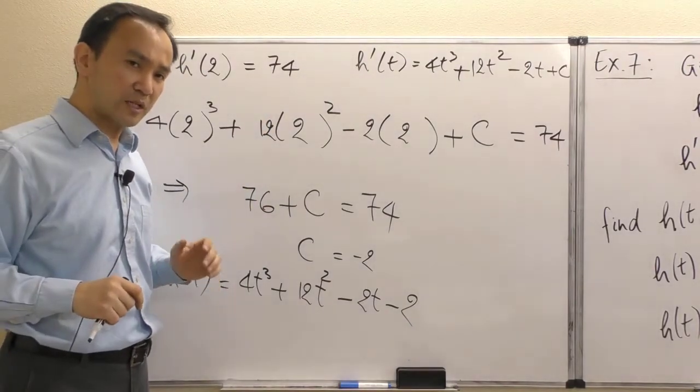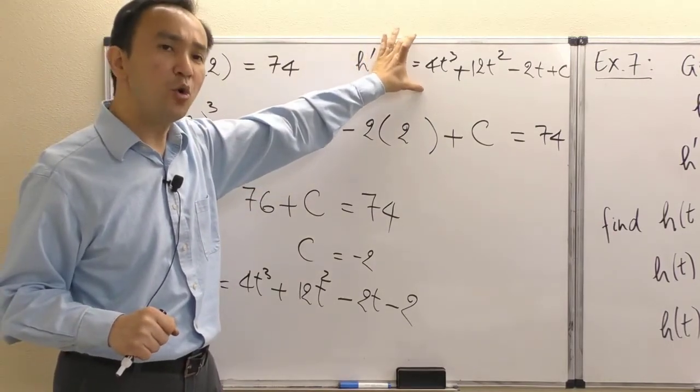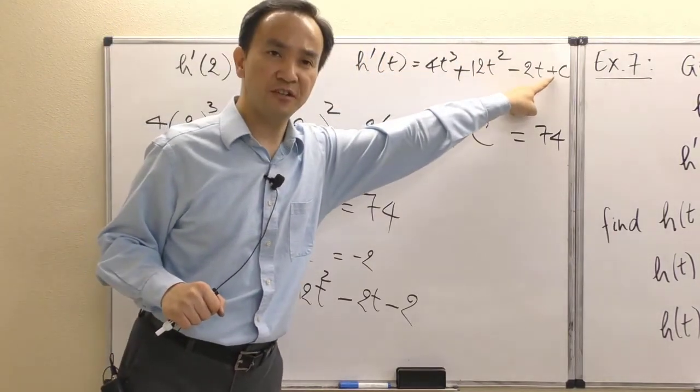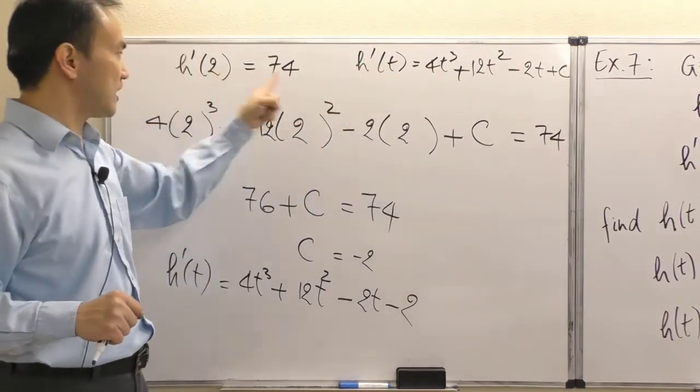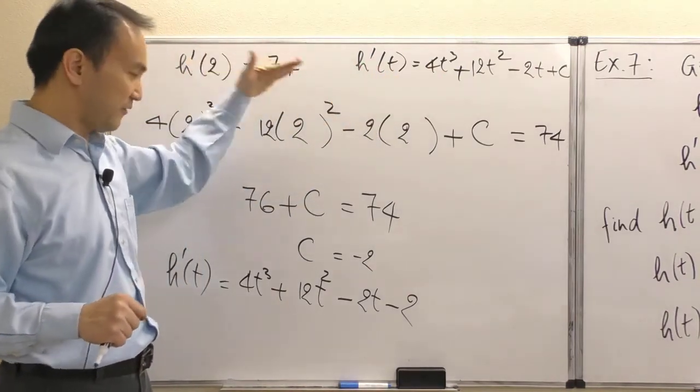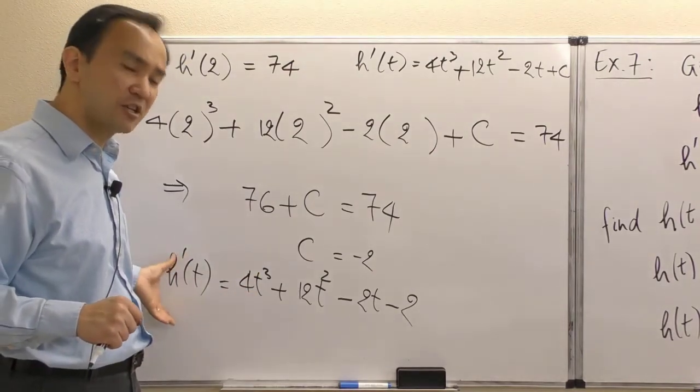I believe I also explained that back in example 6. We want to find a particular value for c, so that our derivative satisfies this given condition, and from there we came up with our final particular h prime.